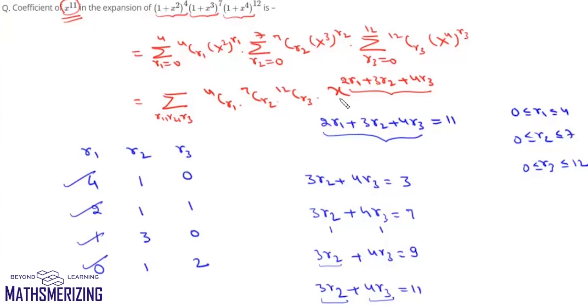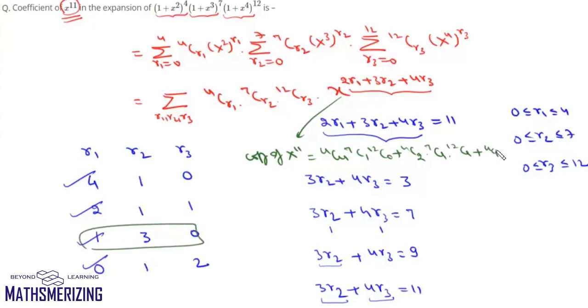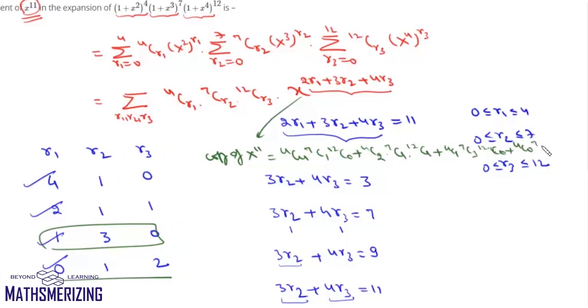So now we have to find the coefficient of x to the power 11. So the coefficient of x to the power 11 will be, now the first case, 4C4 into 7C1 into 12C0 plus, now second case, 4C2 into 7C1 into 12C1 plus this third case, which is 4C1 into 7C3 into 12C0 and then plus this last one, which is 4C0 into 7C1 into 12C2.